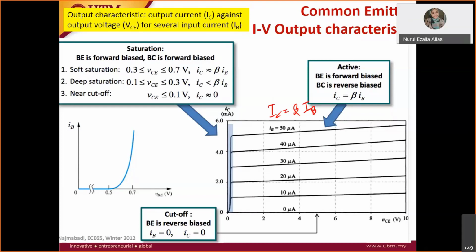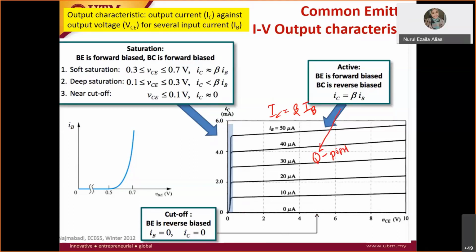Here, you will have three regions. This region we call the saturation region, where IC is the saturation current. The current at this point is the cutoff region. Whenever the current falls at the center here, we call it the Q point, the active region.